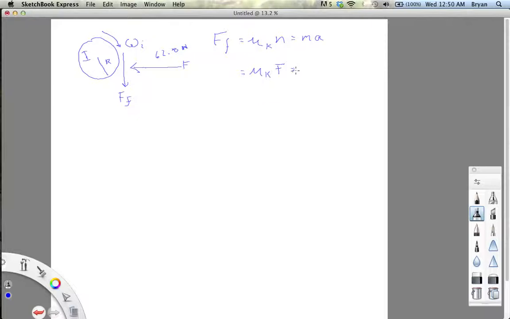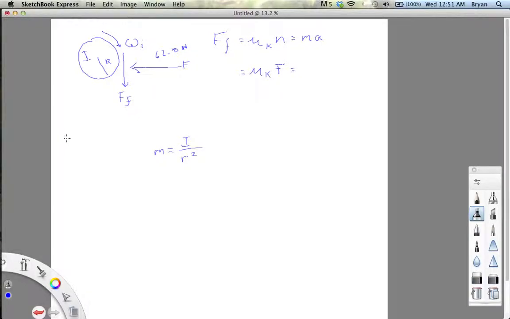Equals MA. Now M, there's a fun little equation that M is involved in. M is equal to I over R squared. Now I probably should have written this before, but they give us the R, the radius.